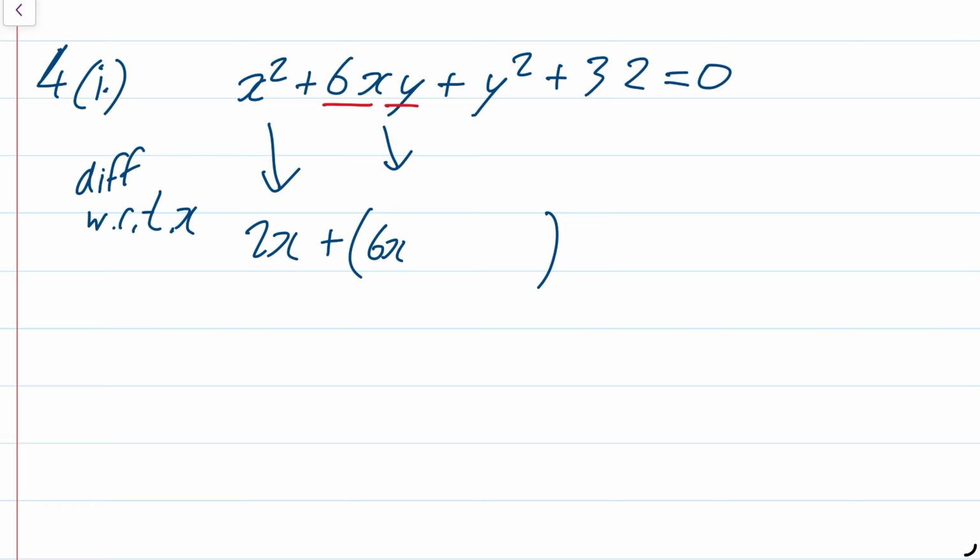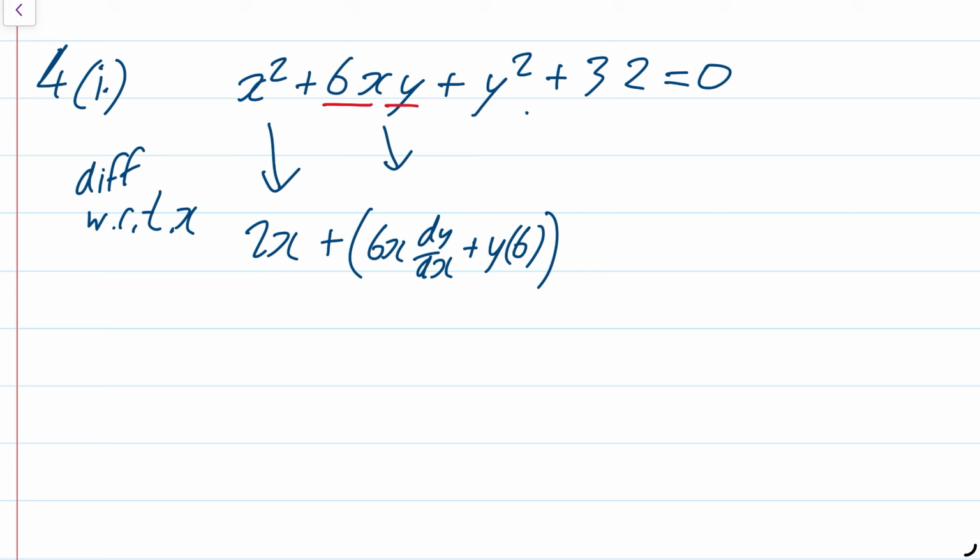So the second is y. If you differentiate y with respect to x, you get dy by dx. Or what we have to do, I should say, is write down the second and differentiate the first. And if you differentiate the first, differentiate the 6x, you will just get 6. Okay, so that's what we've got. So that's that whole term done.